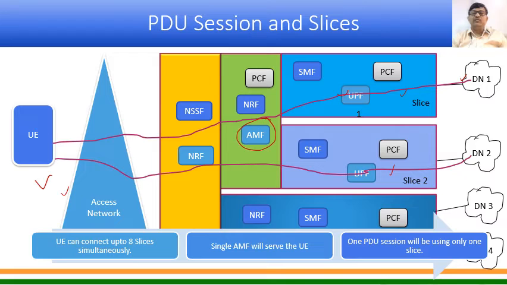And there will be only one slice for a given PDU session. Now let me reframe it, sorry. Suppose there is one PDU session, it will be inside only one slice. So one PDU session will not belong to two slices.